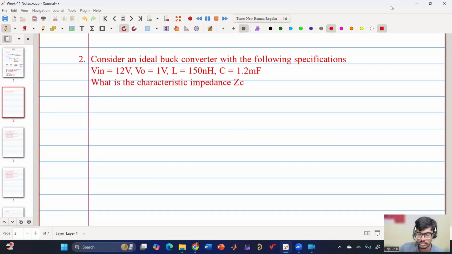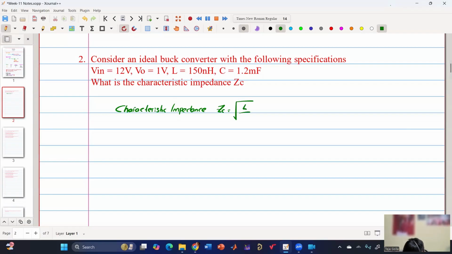So characteristic impedance is defined as square root of L by C. So I have given L and C.